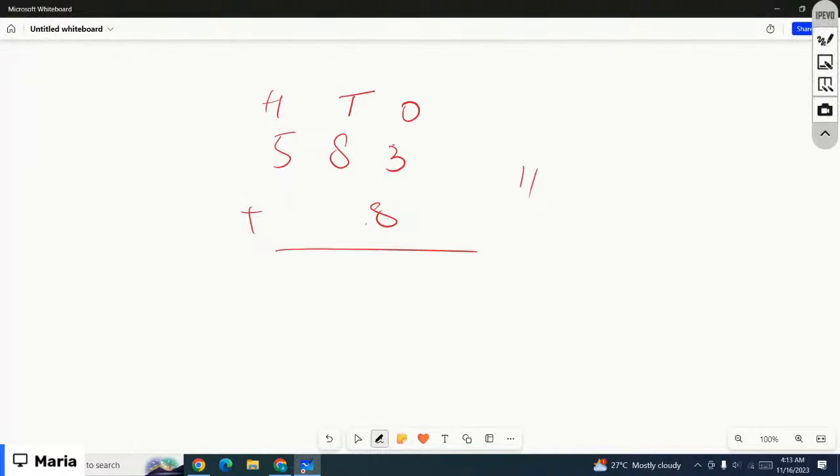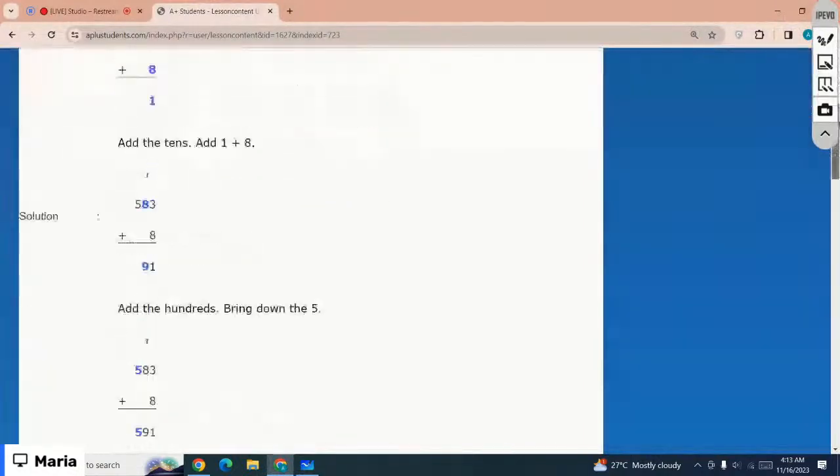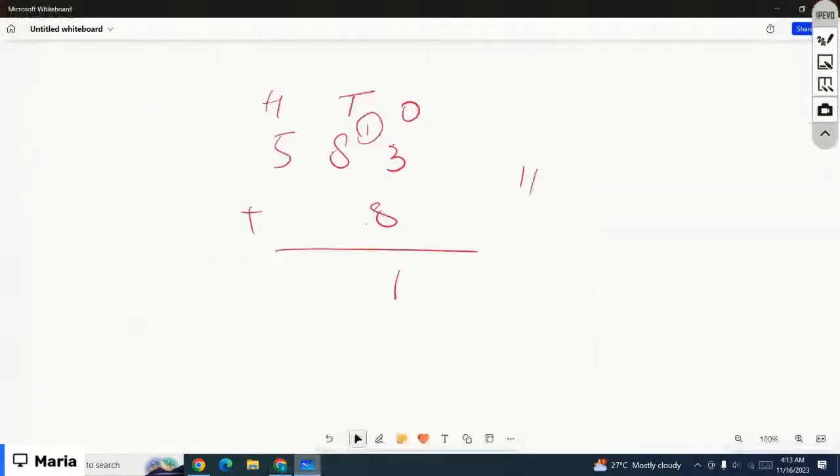You have 11. You can write 1 over here and you can carry the 1 to the next digit, right? That would be then 8 plus 1. 8 plus 1 is 9, and you can write 5 as it is, so it would be 591. Got it?